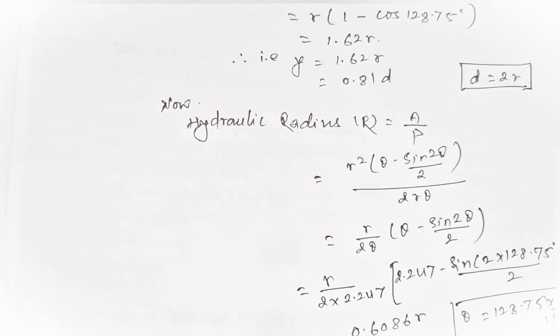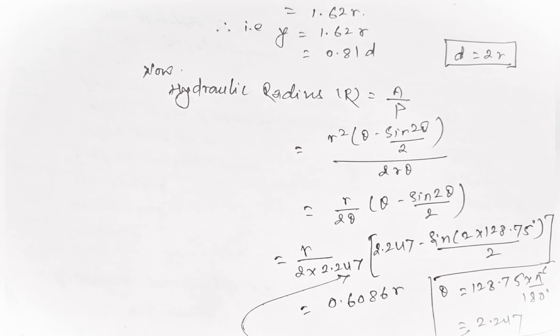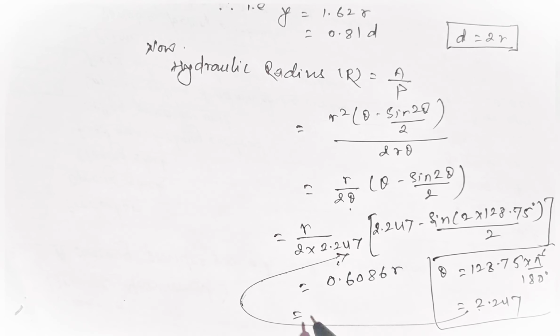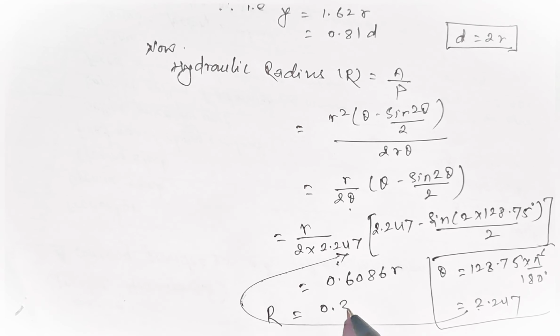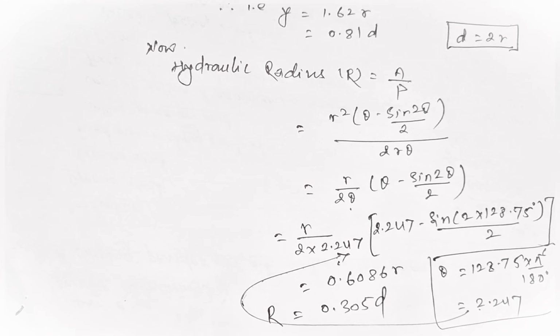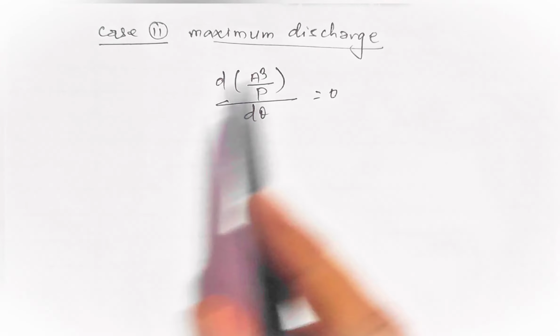This value is used in place of theta. So for these two, the hydraulic radius R equals 0.305 d, as d equals twice r.